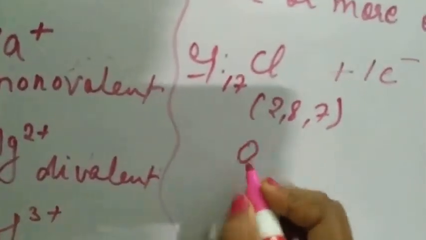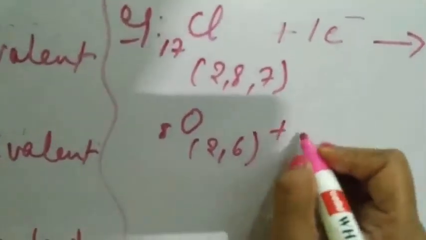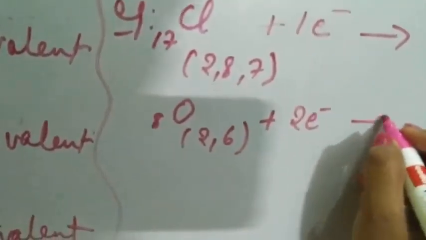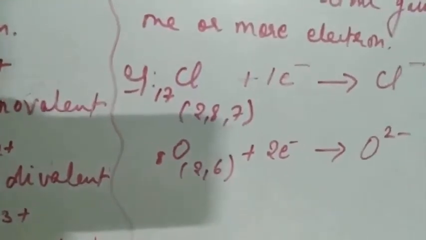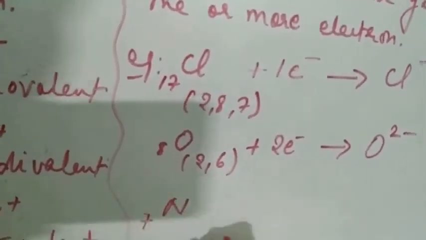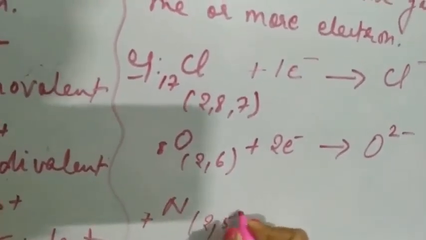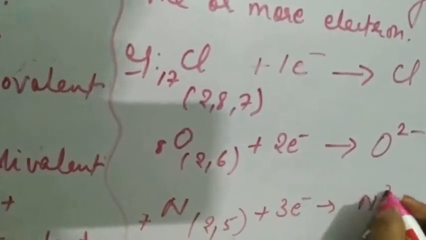Similarly, oxygen is 8, electronic configuration is 2,6. So it needs 2 electrons to complete the octet. So when it gains 2 electrons, it forms O2 minus. Similarly, nitrogen is 7, its electronic configuration is 2,5. It needs 3 electrons to form a 3 negative charge.